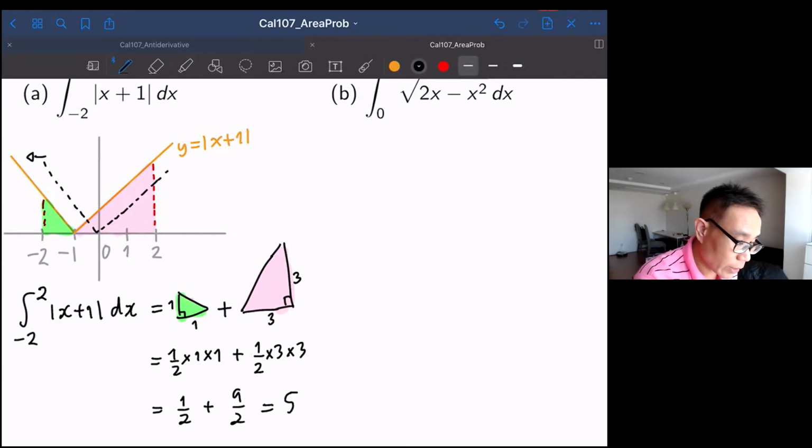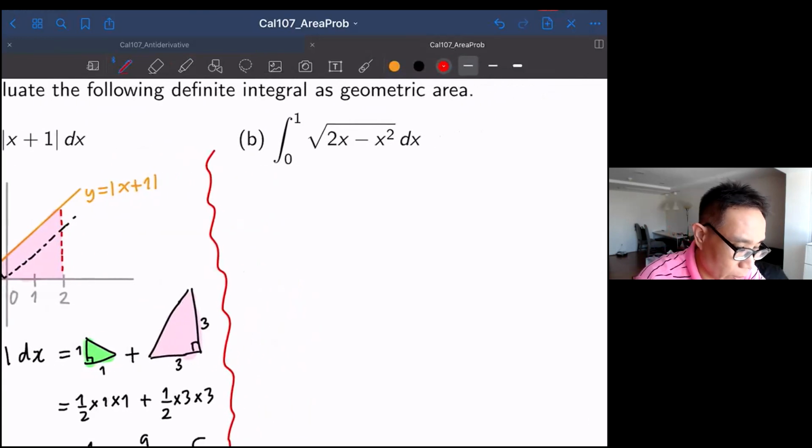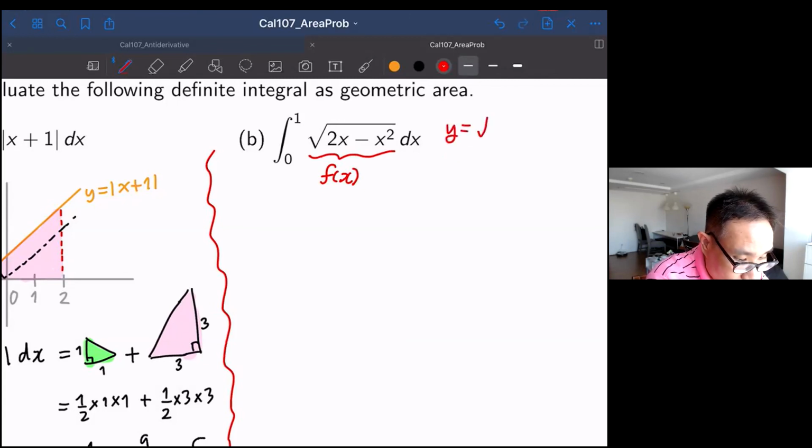For the second one, you would like to find the integral from 0 to 1 of the square root of 2x minus x squared. So this will be your function f(x). So you have y equal to the square root of 2x minus x squared.